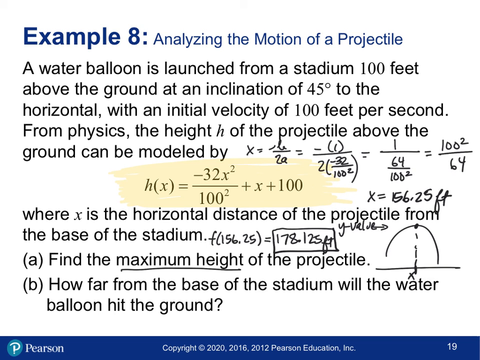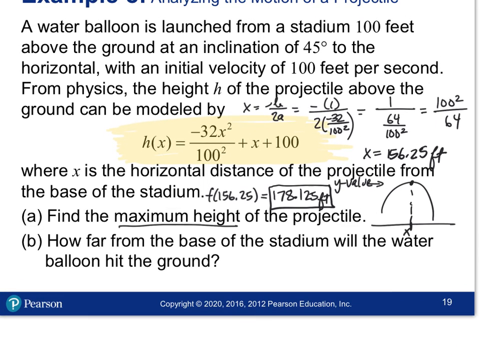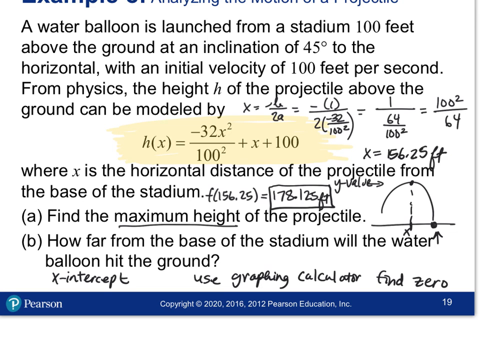The next part, how far from the base of the stadium will the water balloon hit the ground? Basically, you're looking for this x-intercept, okay, at the bottom. So x-intercept or 0 is what you need. So you could actually just use the graphing calculator here and find the 0 or the intercept.